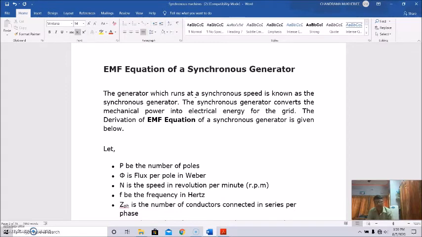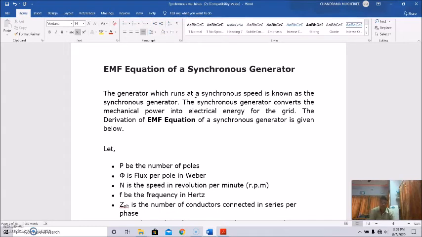So with the help of this turbine or prime mover, the rotor is rotated, and the rotating magnetic field will be produced, and this rotating magnetic field will induce EMF in the three-phase windings of the armature. So that is the working principle.